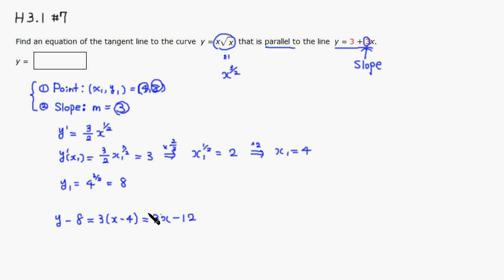Then we can add 8 to both sides to isolate y. So y is equal to 3x, negative 12 plus 8 would be negative 4. So y is equal to 3x minus 4. That's it. I hope that this was clear.